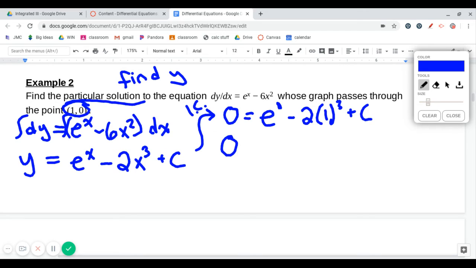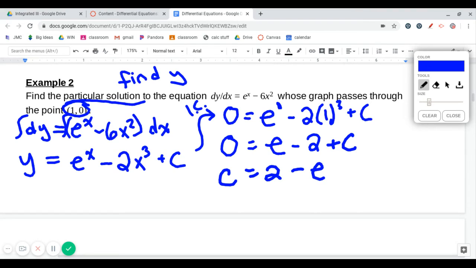So that means 0 equals e to the 1, which is just e, minus 2, because 1 cubed is still just 1. Oh, I'm so sorry. We missed something here: plus c, which means that c is equal to 2 minus e.